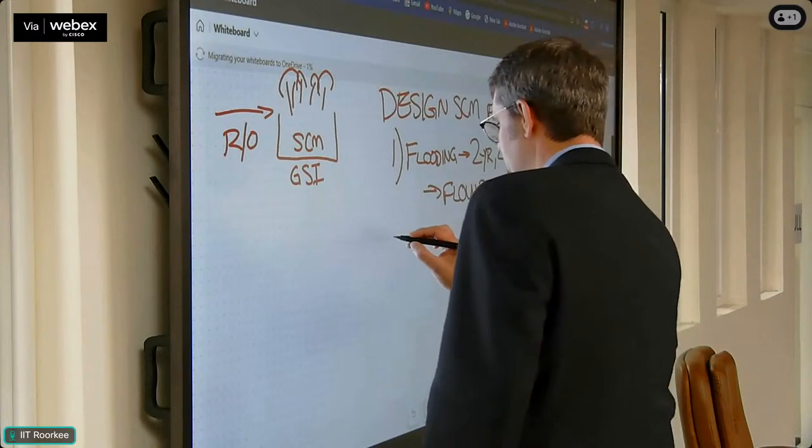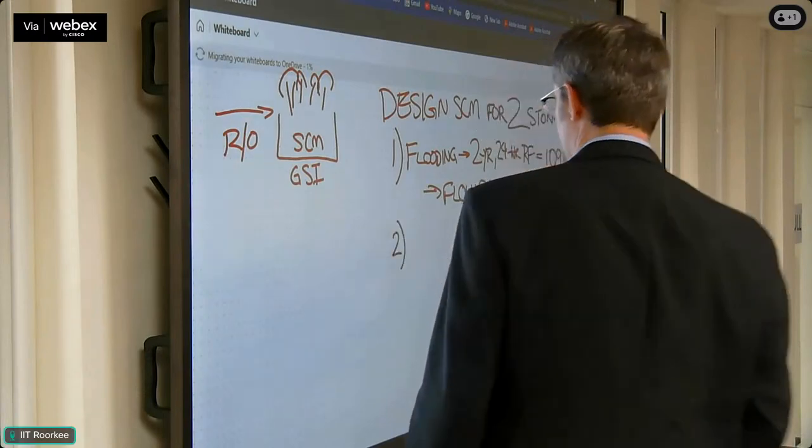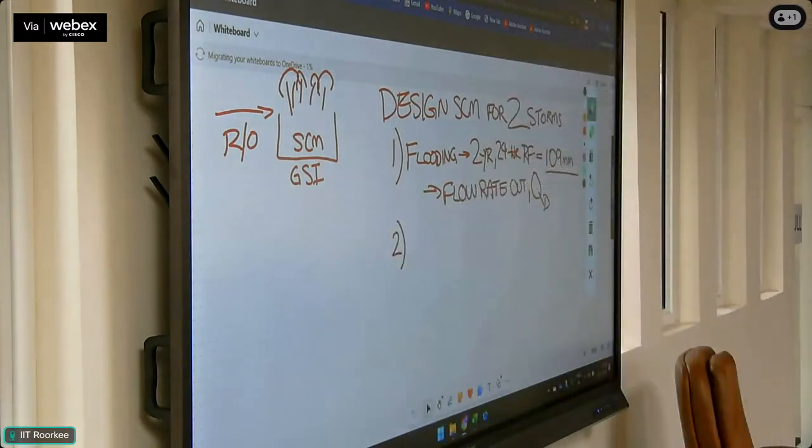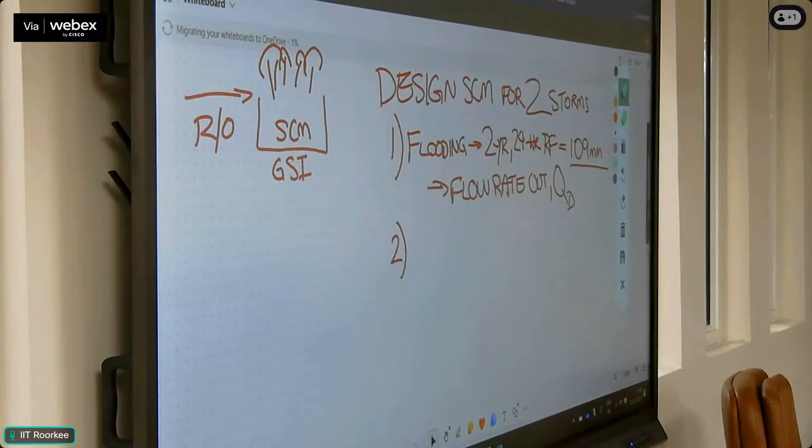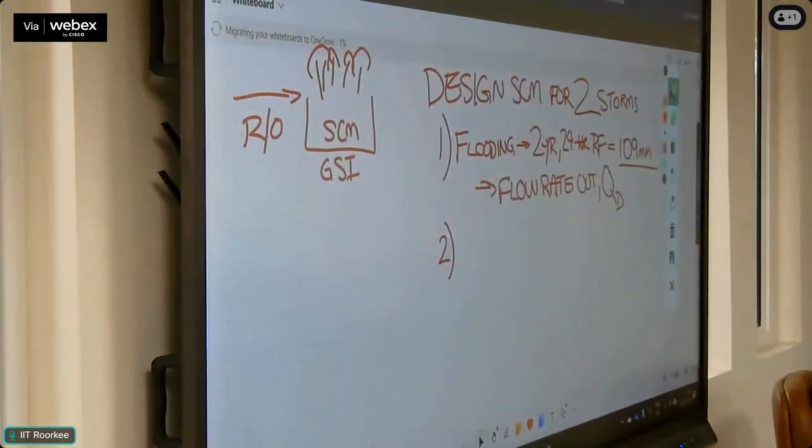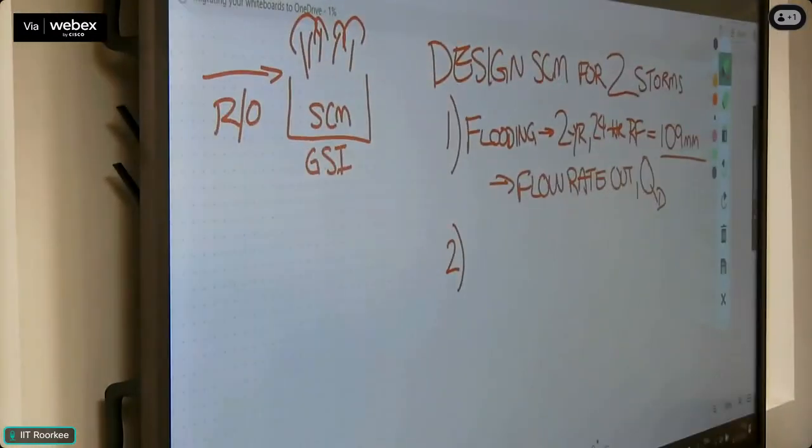The second storm size that we need to design for is the water quality event, which is associated with first flush. I know we did not all get the same values, though I do trust the values that Vinarasi and I got, all right?